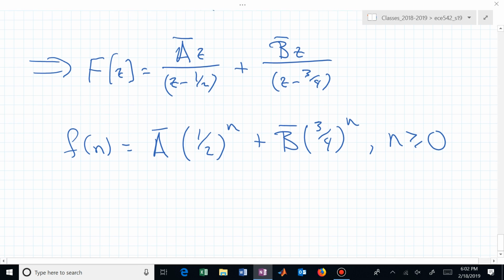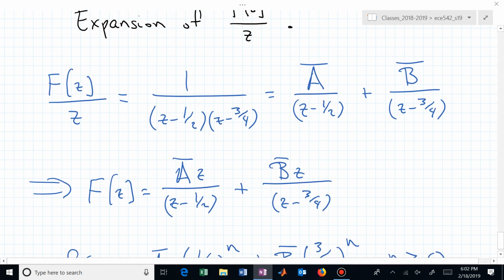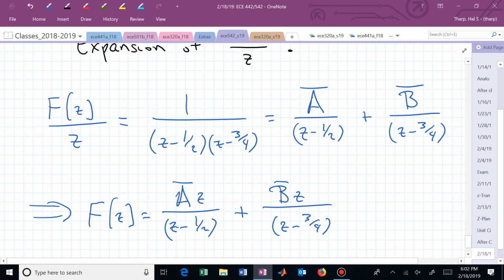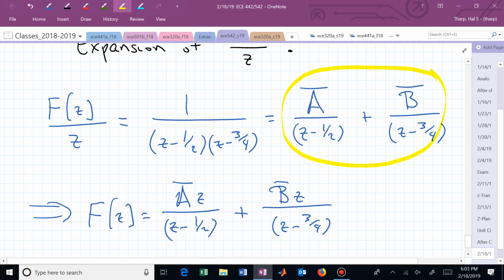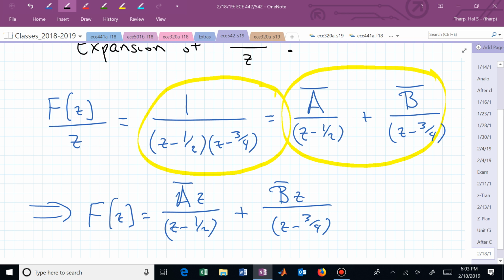Just for grins, you could actually go back and use the cover-up method to solve for a bar and b bar. If we did that, a bar would be what, formula-wise? We multiply all terms by what's underneath a bar, z minus 1/2, and evaluate the left side at z equal to 1/2.